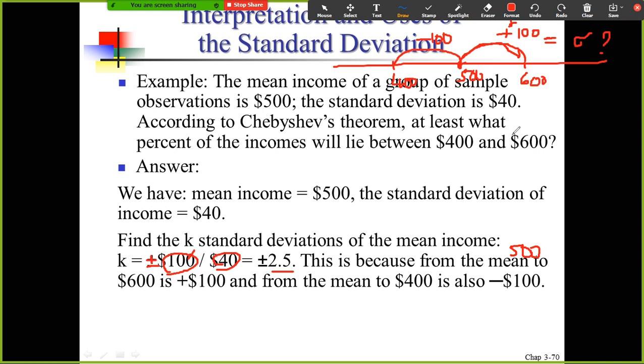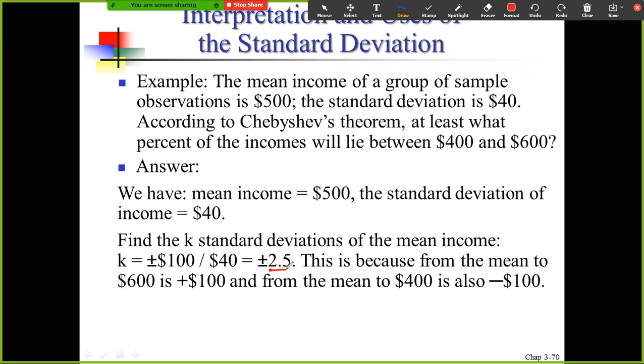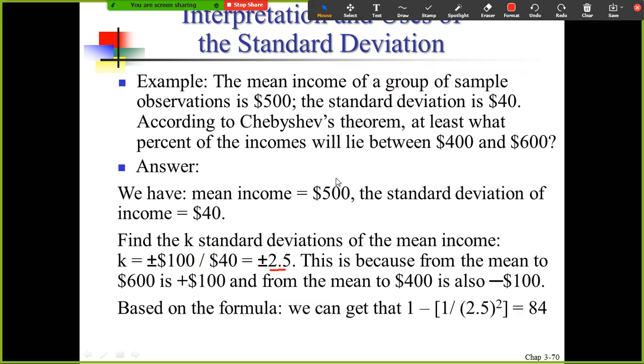How much money per standard deviation? 40. That's why divided by 40. So we get 2.5 plus and also 2.5 minus. Okay? That's why we find K now. K is 2.5. What next?